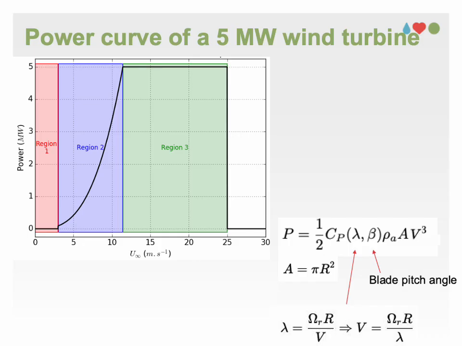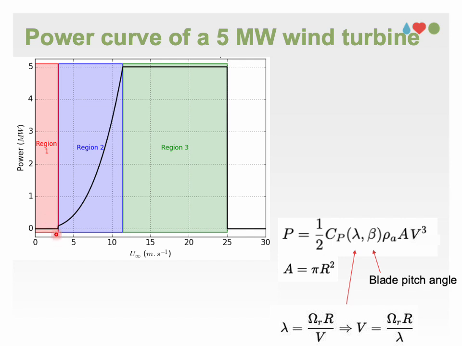But before diving into those control systems, it's important to remind ourselves of the power curve. In this curve, on the x-axis, we have wind speed, and the vertical axis is the power of a 5 megawatt wind turbine. In region 1, color-coded by red, below a certain cut-in wind speed, we have no power production.